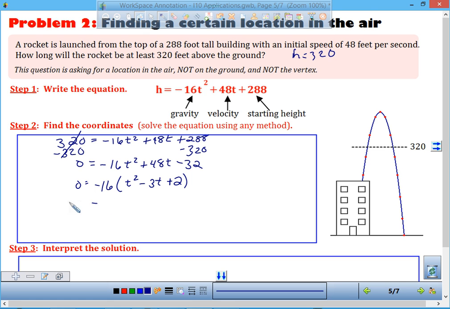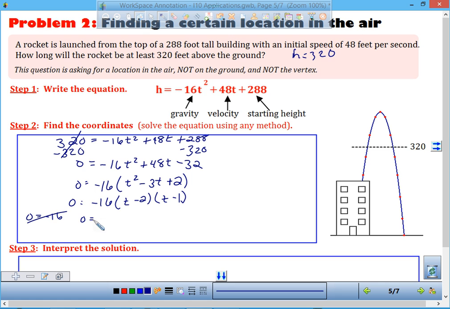So now I have 0 equals negative 16 times t minus 2 and t minus 1. Again, when a is 1, I can just go right to my two factors in the binomials. Now I set each of these equal to 0, so I have 0 equals negative 16. That's not a solution because it's not true.